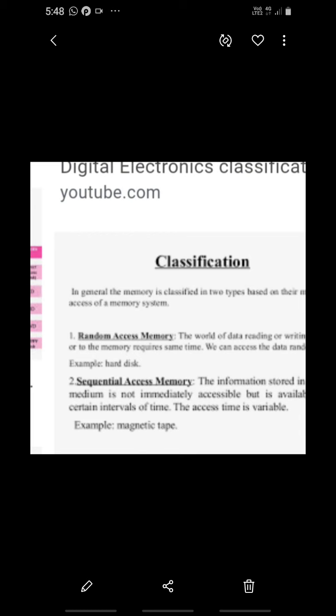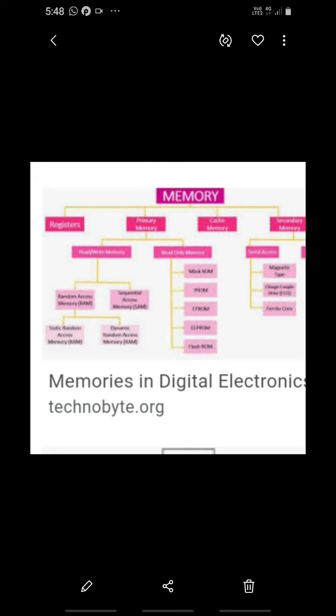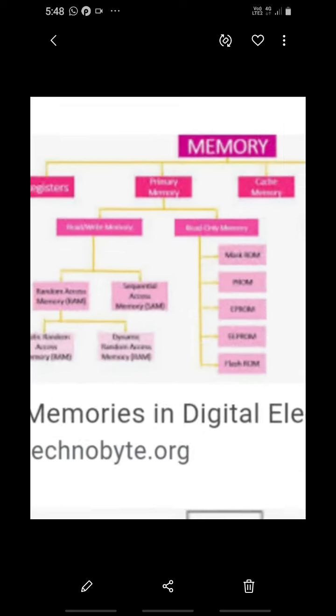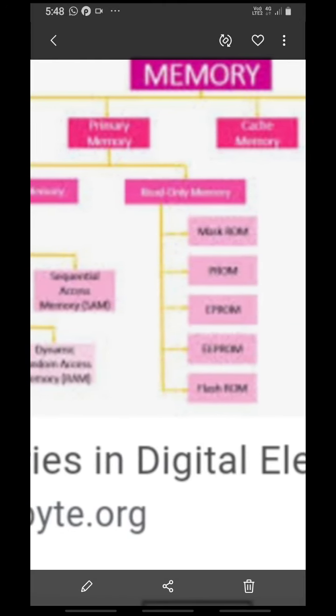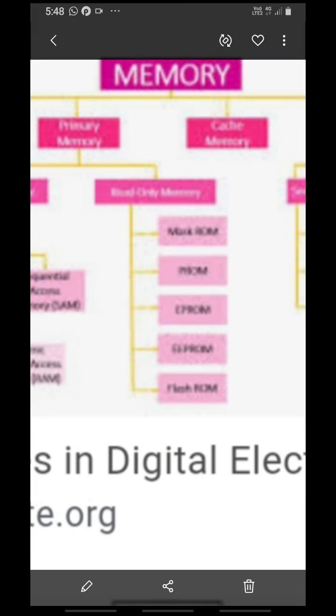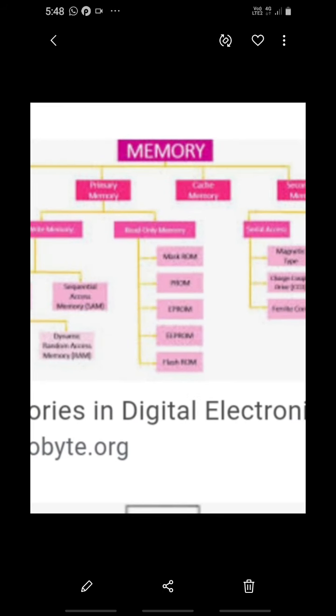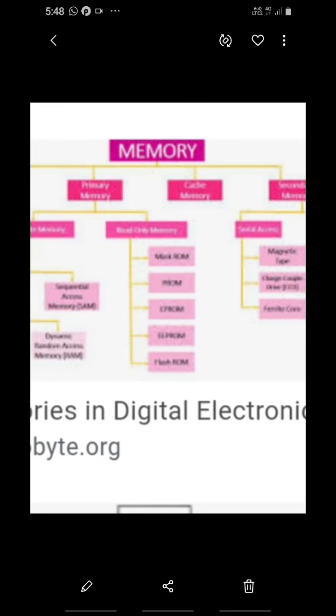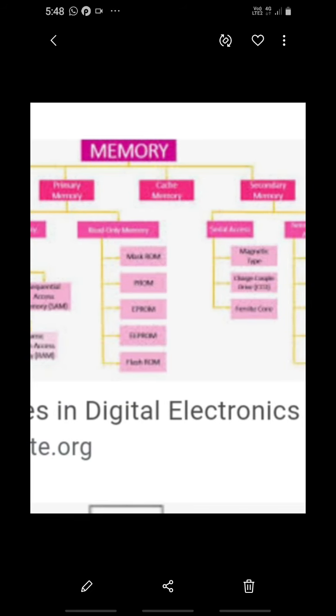Example, hard disk. Sequential access memory. So here memories are classified into different types: primary memory, cache memory, and sequence memory.